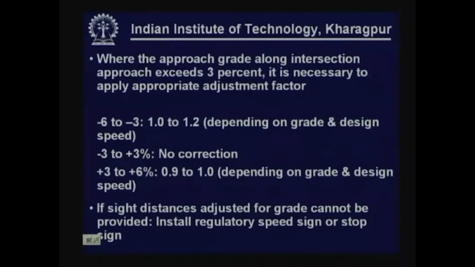Again, actual value will depend on grade and the design speed. Finally, if side distances adjusted for grade cannot be provided, then one must explore the possibility of installing a regulatory speed sign or even a stop sign to make the operations of traffic in the intersection area safe.